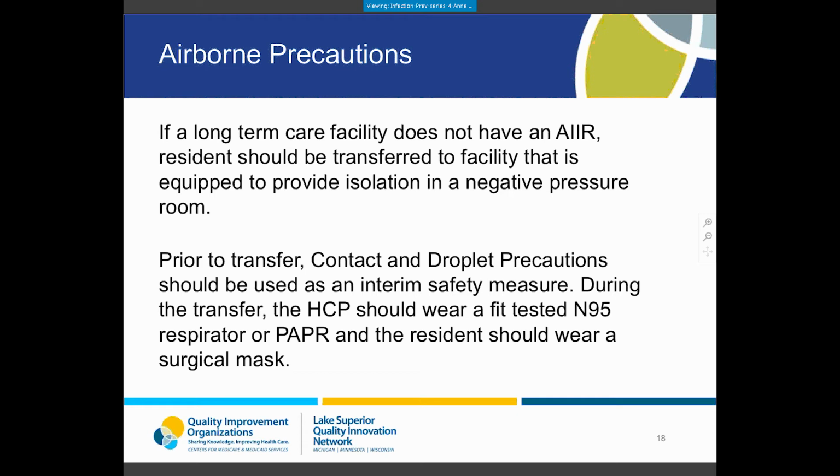As soon as an infection requiring airborne precautions is suspected, contact and droplet precautions should be used as an interim safety measure. And then during the transfer to a facility that has a negative pressure room, the healthcare personnel should have their fit-tested N95 respirator, and the resident should wear a surgical mask.